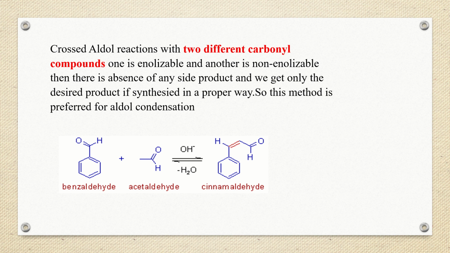In order to avoid this byproduct formation, we are supposed to take benzaldehyde initially, add a strong base into it, and slowly, drop by drop, add acetaldehyde into it so that acetaldehyde will go for a nucleophilic attack onto benzaldehyde rather than going for self condensation, giving you the unique product, that is cinnamaldehyde.